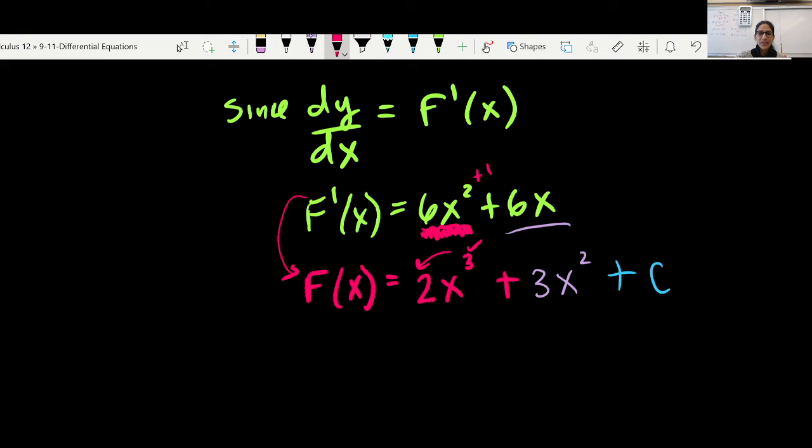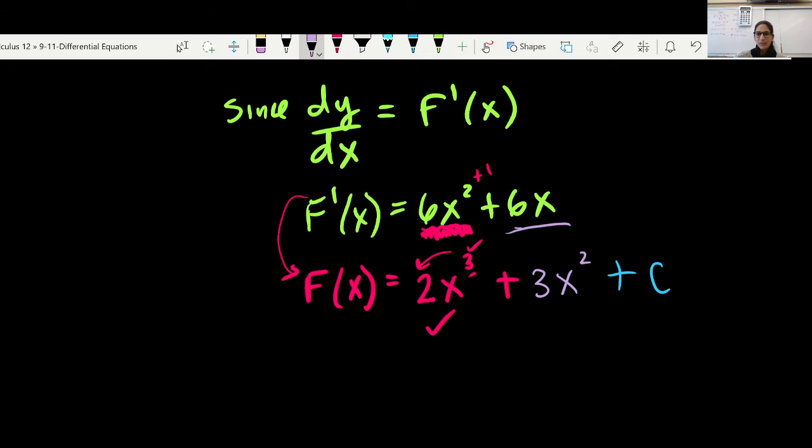So in order to get this 2 here, we would be thinking backwards, that if we were pulling this down to multiply, we would add the 1 there, and then we would divide by the 3 that would have been up here. We would take the 6 and divide it by the 3, and that's what gave us the 2 in front. So that's how we came up with this first term here.